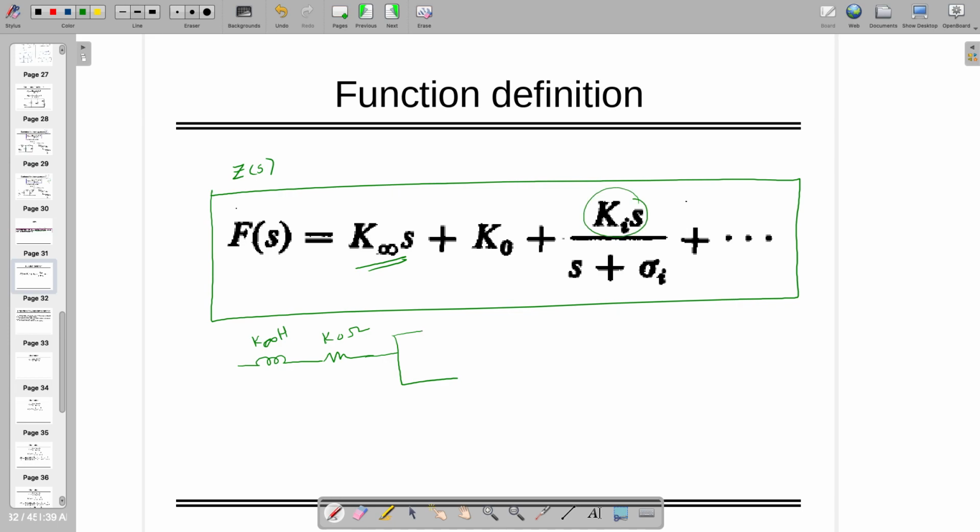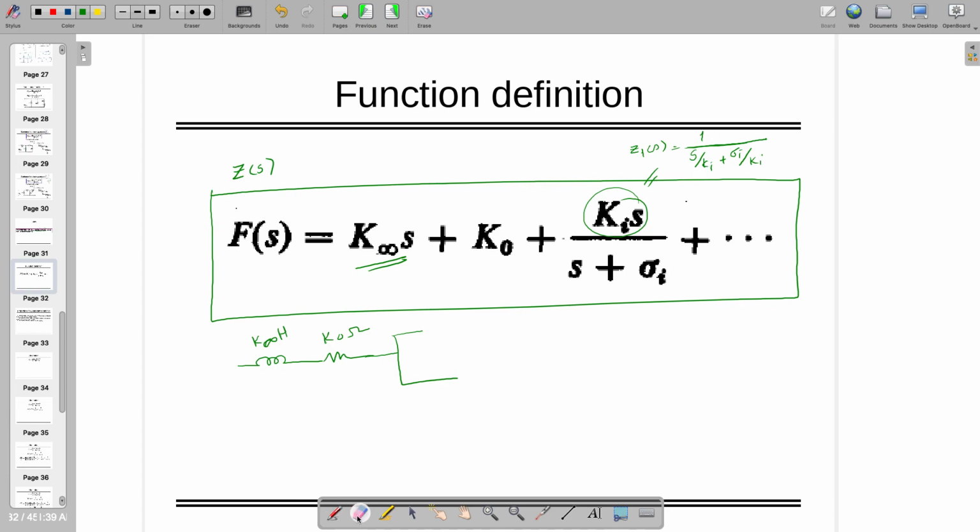If you divide this, it will give me 1 by S by Ki plus sigma I by Ki, right? Actually, this whole function is the impedance function. When I take 1 by, it becomes admittance. So this entry becomes capacitor or inductor. Then it's capacitor.